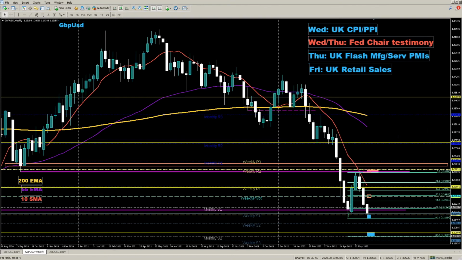So there could be still some volatility, some bearish momentum to perhaps push the cable down a bit more. It's difficult for now to see it climb back up above the 124. But it does have quite a wide range to trade on.